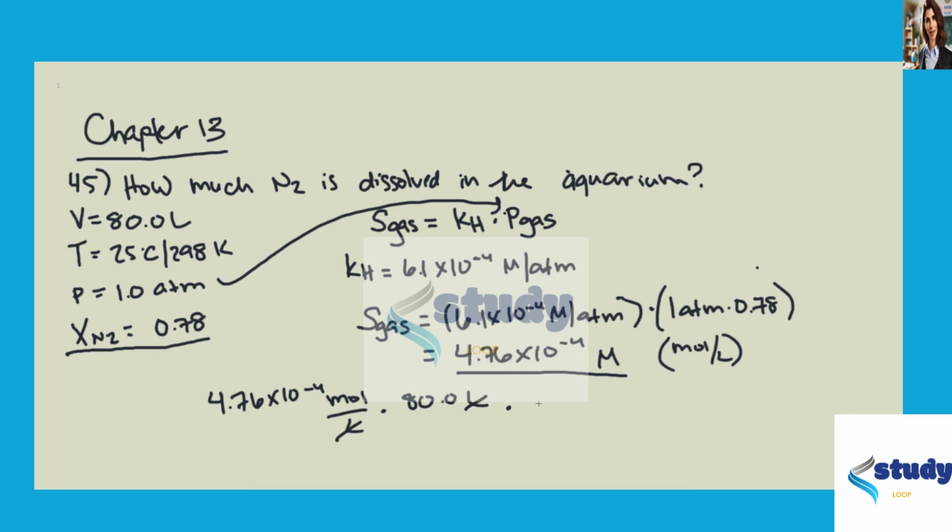And then we can figure out how many grams that is by knowing the molecular weight of nitrogen gas, which is simply 2 nitrogen atoms, which would be 28 grams per mole. And that gives you 1.1 grams of nitrogen dissolved in your 80-liter aquarium.